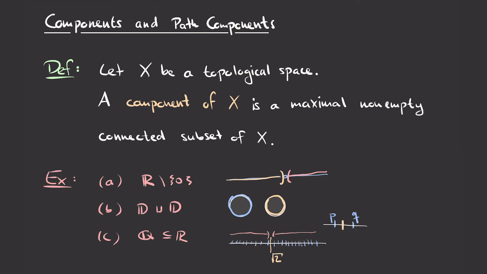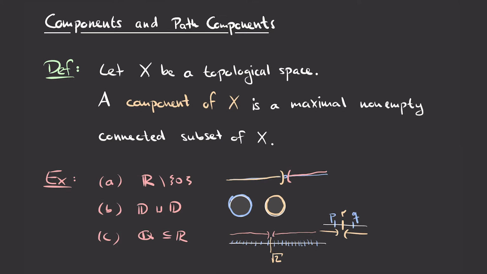So there is some irrational number r that lies strictly between p and q, and now we can do the same trick we did before and consider these intersections with half-open intervals. So we consider all the rational numbers strictly smaller than r and all the rational numbers strictly greater than r.